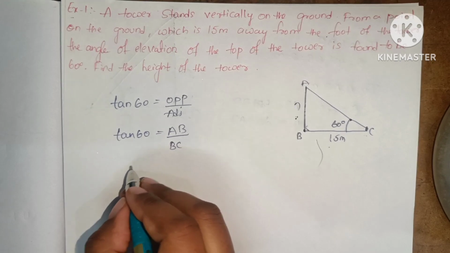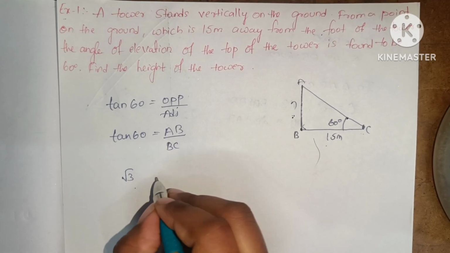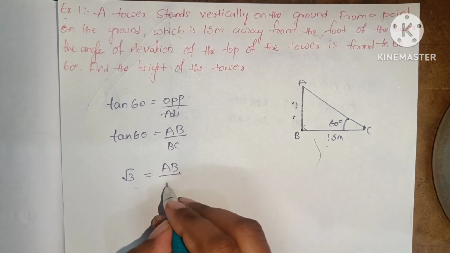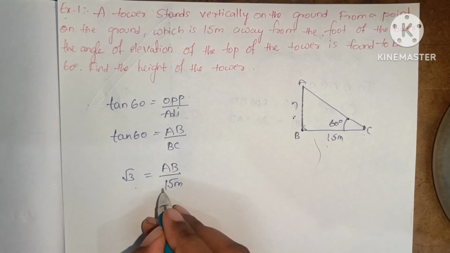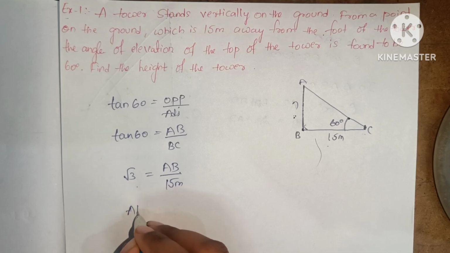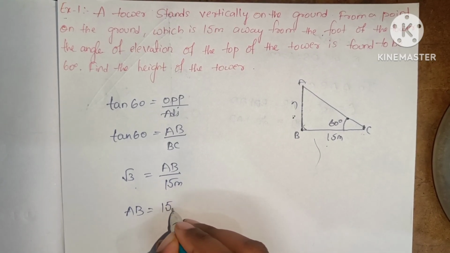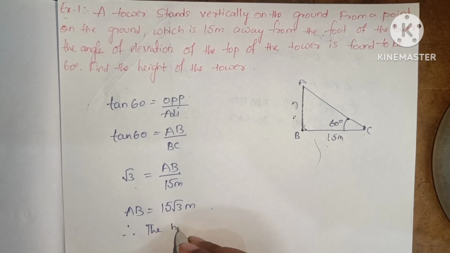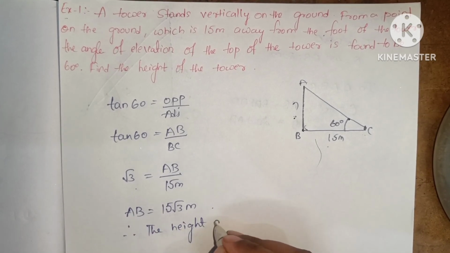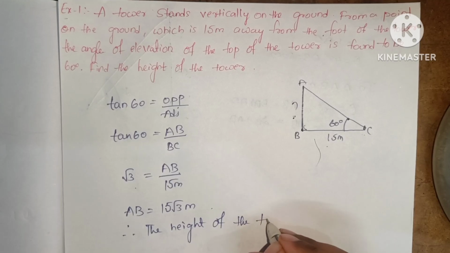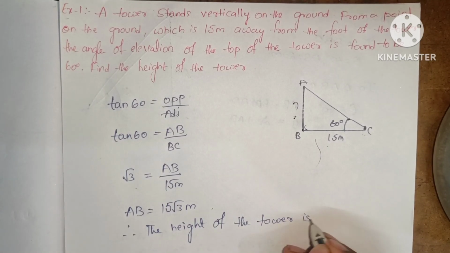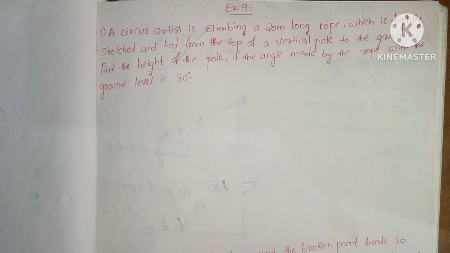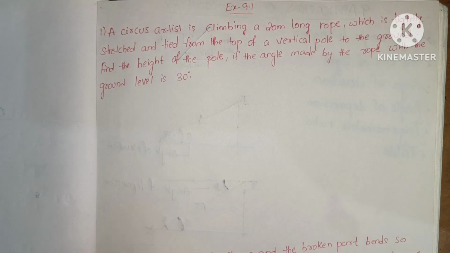Tan 60 value is root 3, equal to AB by BC, that is 15 meters. If you transpose 15 to this side, AB equals 15 root 3 meters. So the height of the tower is 15 root 3 meters. Understood? So let's go to exercise 9.1.